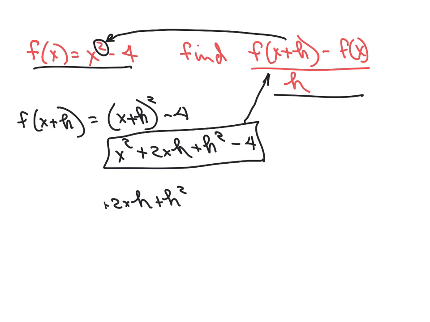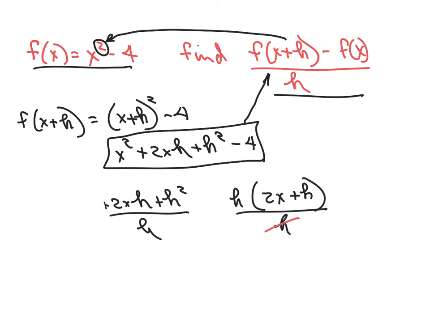So I have 2xh plus h squared. Oops, I forgot to put that over h. Now I can factor out an h out of the top here, and I've got h times 2x plus h over h. I can cancel those, and I'm left with an answer of 2x plus h.